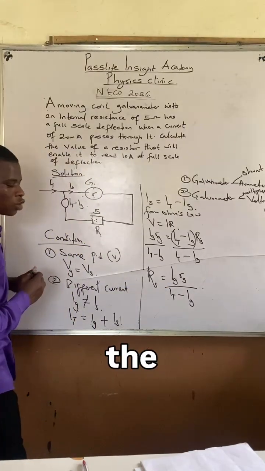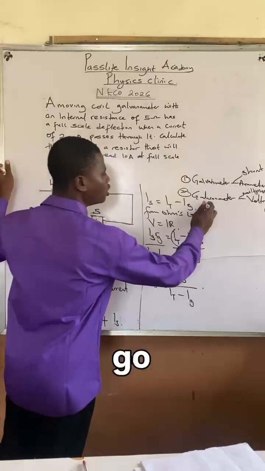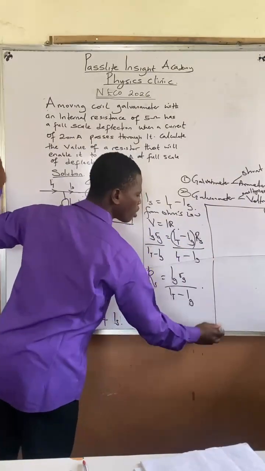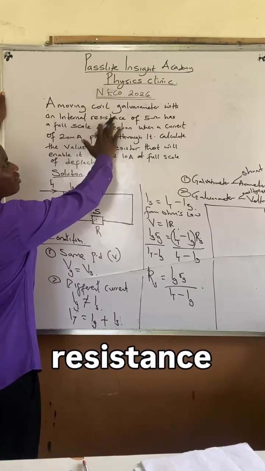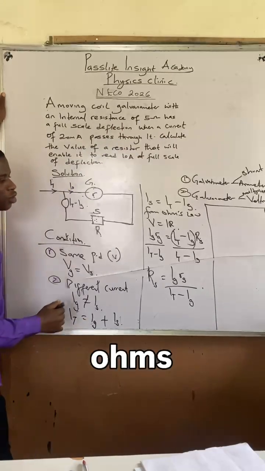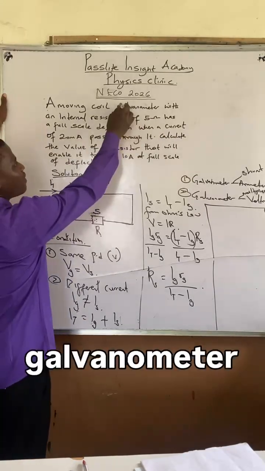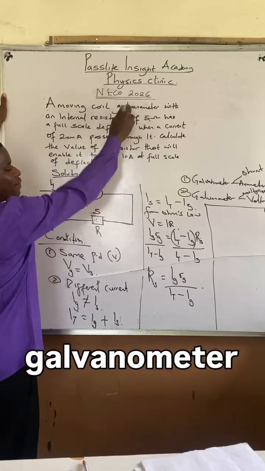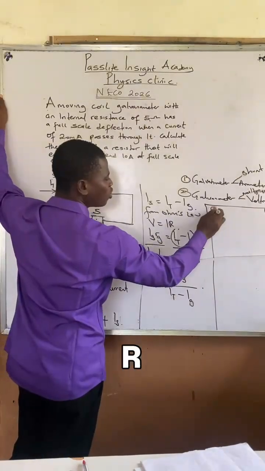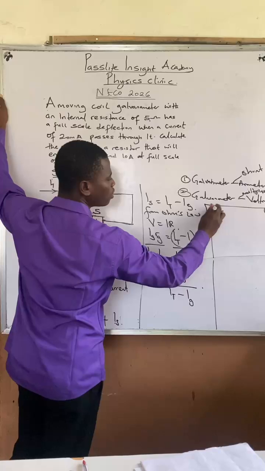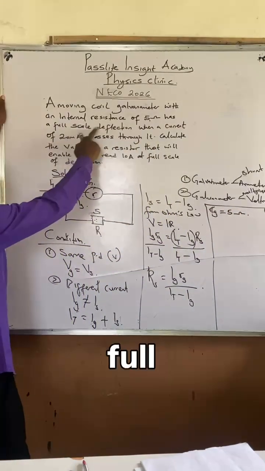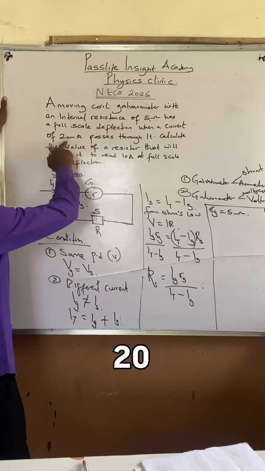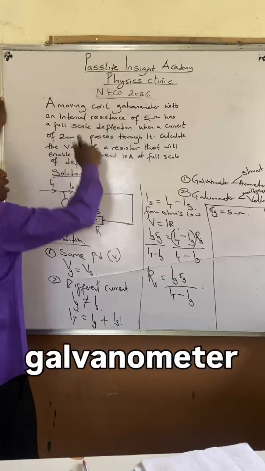So let's go to the question we are given on the board now. A moving coil galvanometer with an internal resistance of 5 ohms. So the resistance of the galvanometer, small letter r, is 5 ohms. It has a full scale deflection when a current of 20 milliampere passes through it.